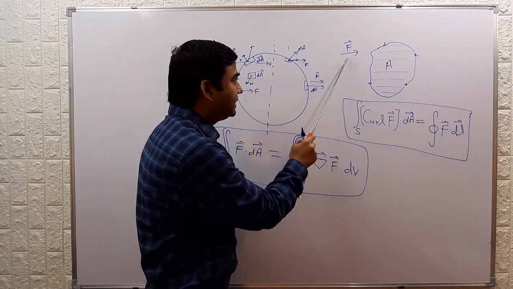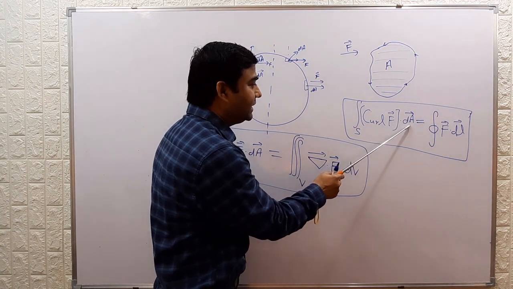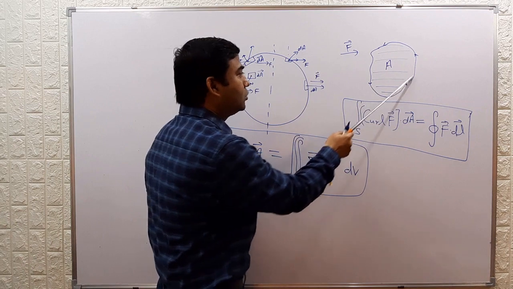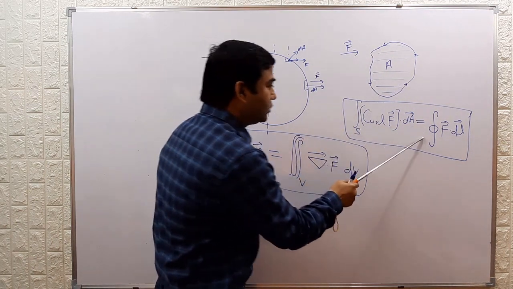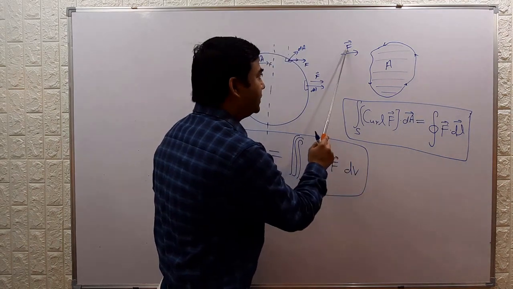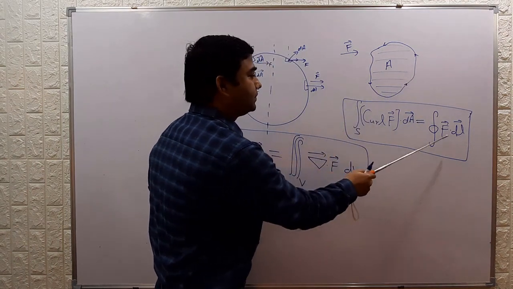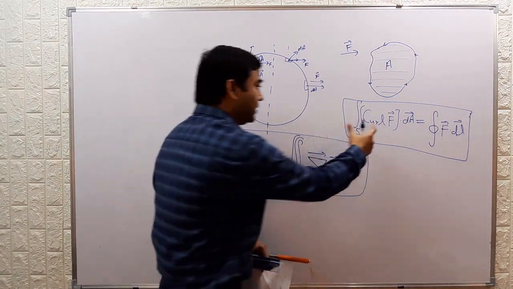Stokes' theorem says that the curl of the vector field dot dA throughout this surface created by the closed curve is equal to the circulation of this field along the closed curve, that is, line integration in a closed curve.